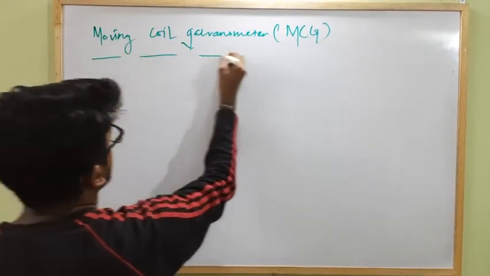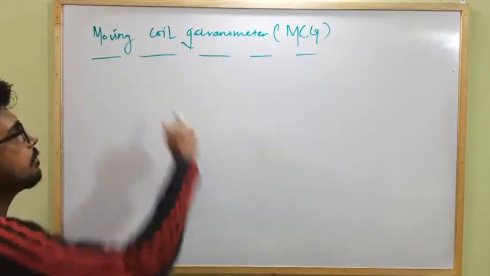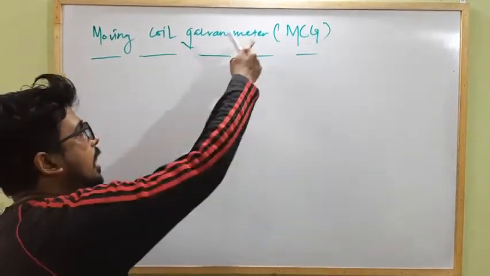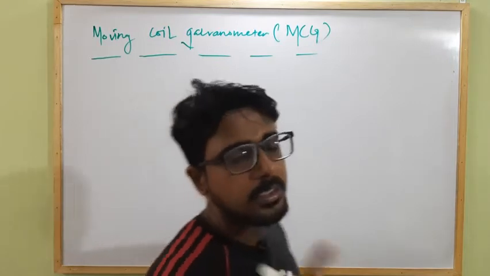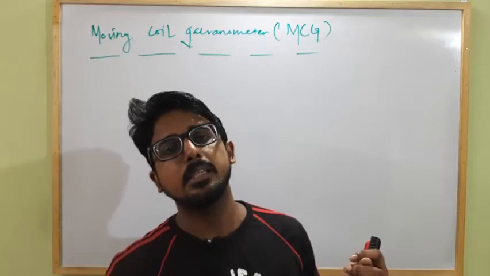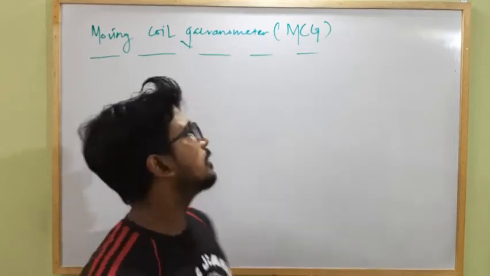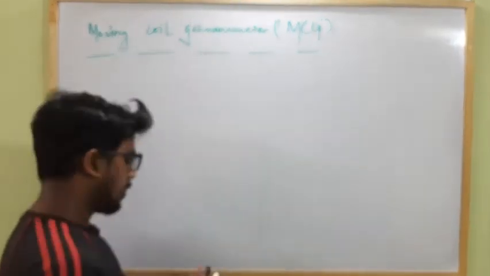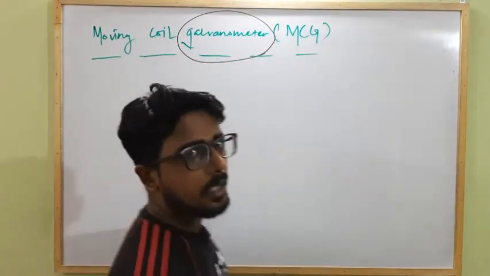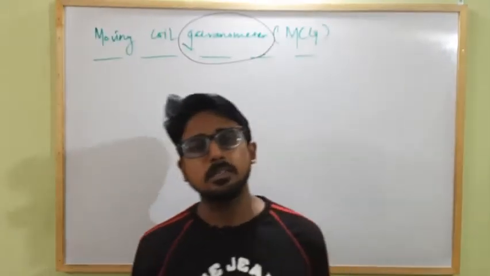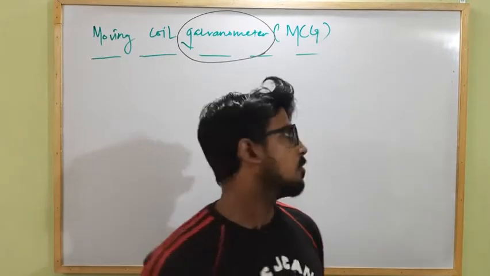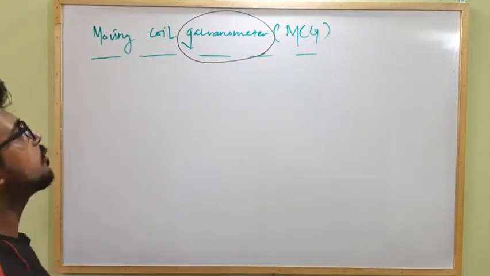As the name shows, moving coil means there is a coil which moves, and a galvanometer is an instrument used to measure a very small amount of current flowing through an electrical circuit. Clear? The galvanometer is a fundamental component of a large number of electrical instruments like the ammeter and voltmeter.